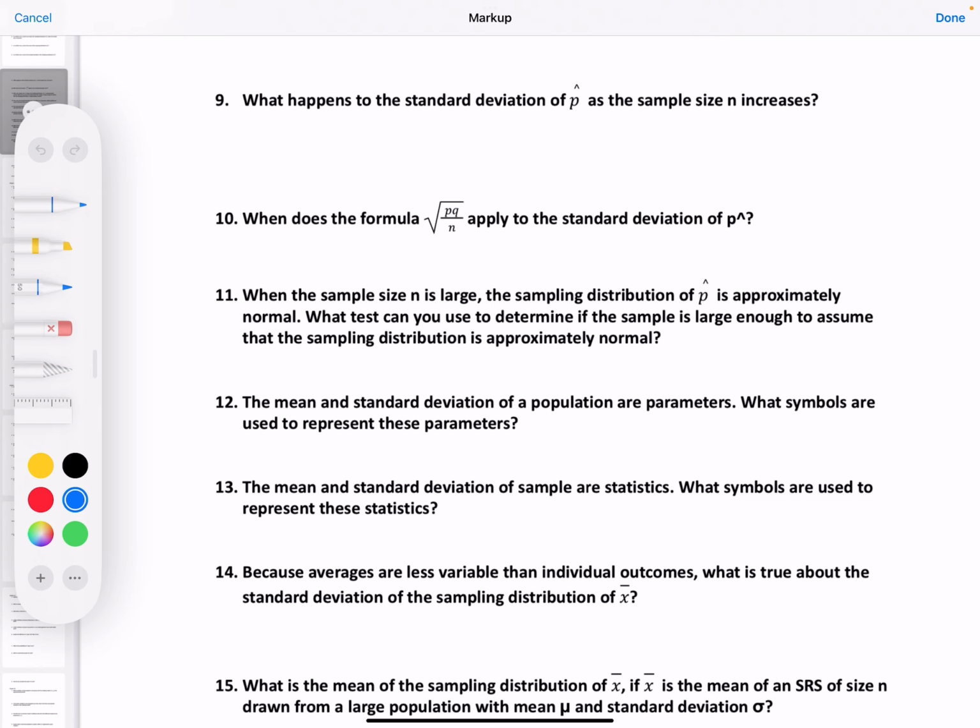So what happens to the standard deviation of p hat as the sample size n increases? As n increases, the standard deviation of p hat gets smaller.